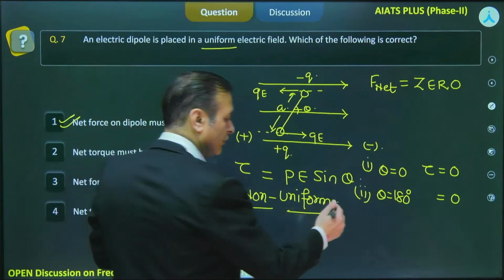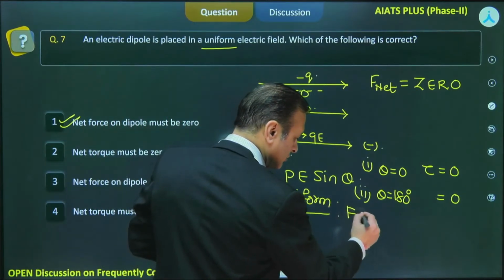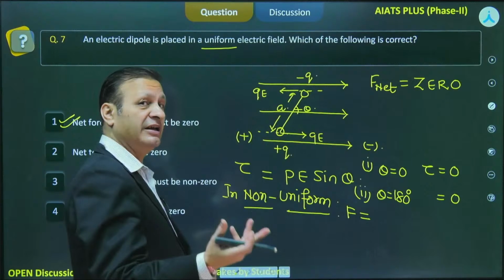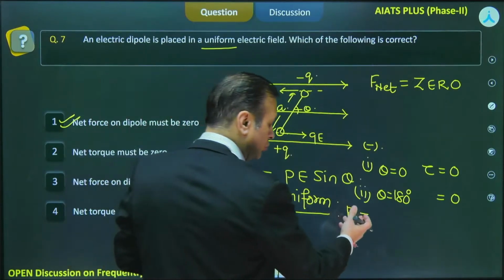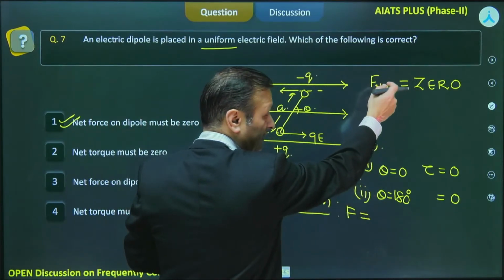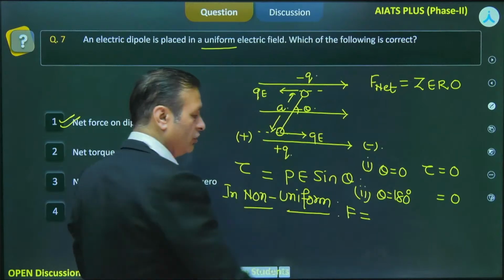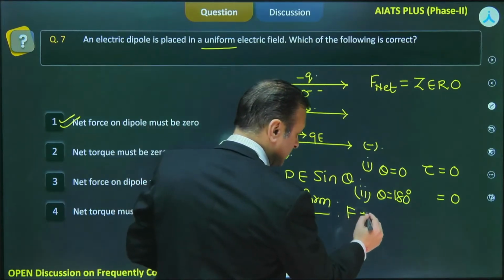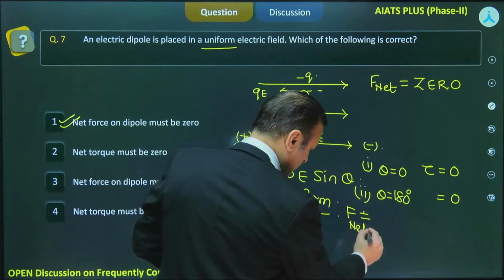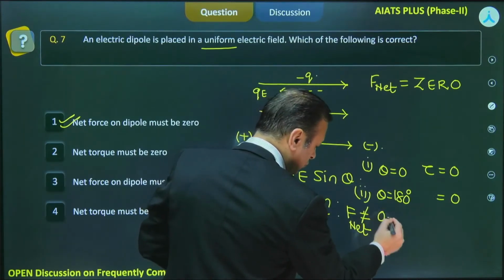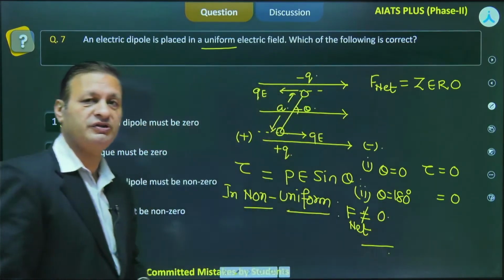So in a non-uniform field, force may be there. In the uniform case the net force was 0, but in this situation the net force may not be equal to 0.